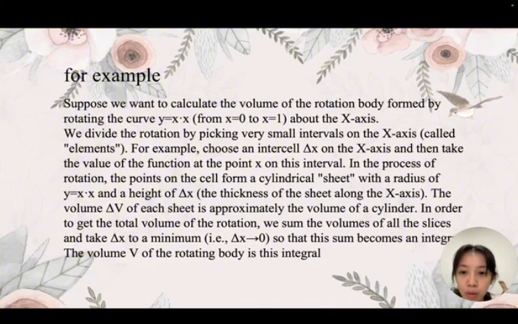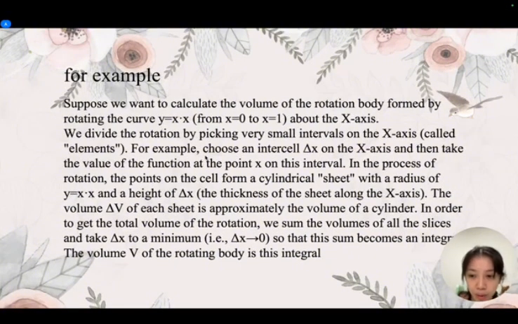Suppose we want to calculate the volume under a curve. We divide the rotation by picking every small interval, choosing an interval delta x on the x-axis. In the process of rotation, the point on the curve forms a cylindrical shell with a radius of x and a height of y equal to f(x), with thickness delta x.